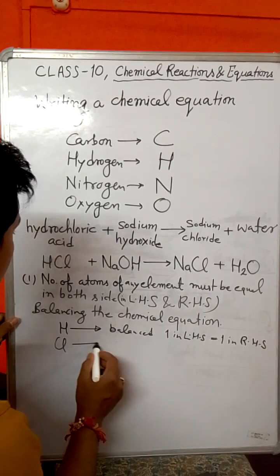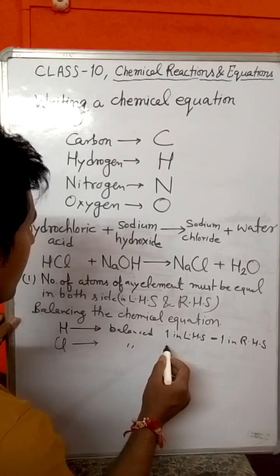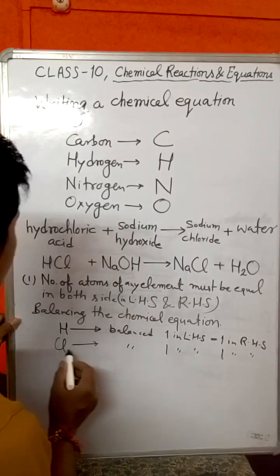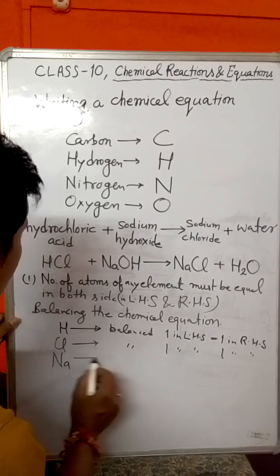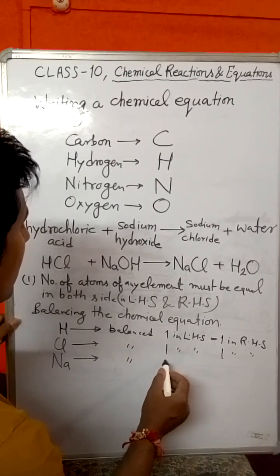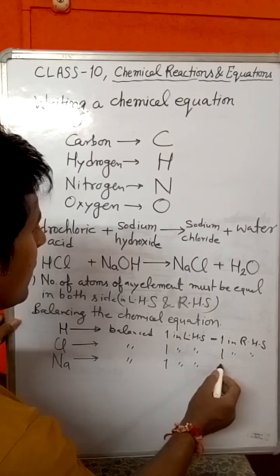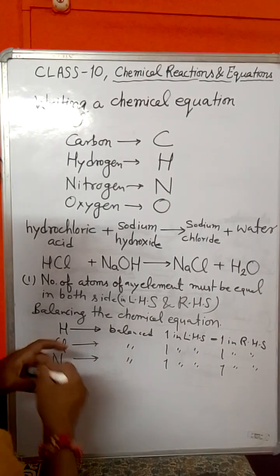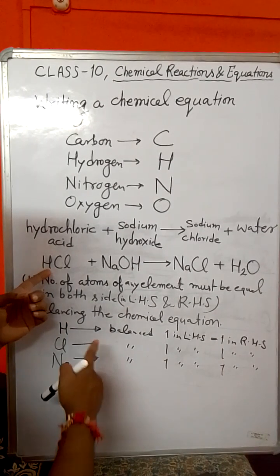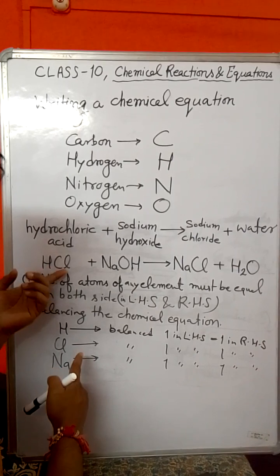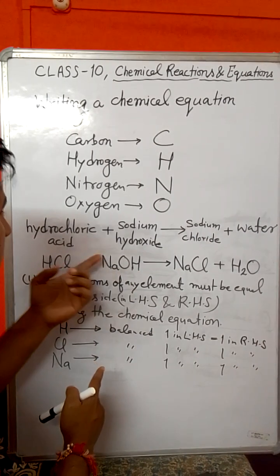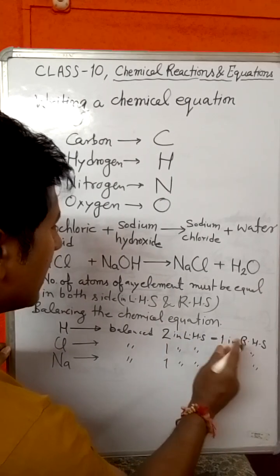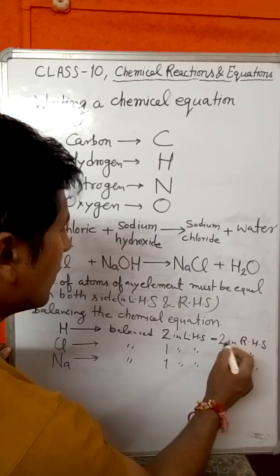Similarly, Cl balanced, one in LHS and one in RHS. Then Na, sodium, is balanced, one in LHS and of course one in RHS. Okay. Now look here. Hydrogen is not one. One hydrogen is in hydrochloric acid and one hydrogen is in sodium hydroxide, right? So hydrogen is balanced, of course, but 2 in LHS and 2 in RHS.